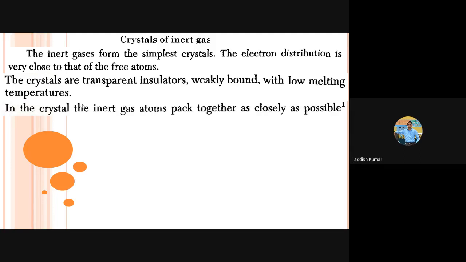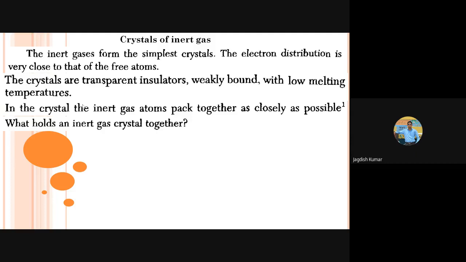They are closely packed structures; they follow either FCC or HCP structure. And then the question comes, what holds the inert gas crystals together? You will say, okay, it's a van der Waals interaction, as I shared in the previous slide.